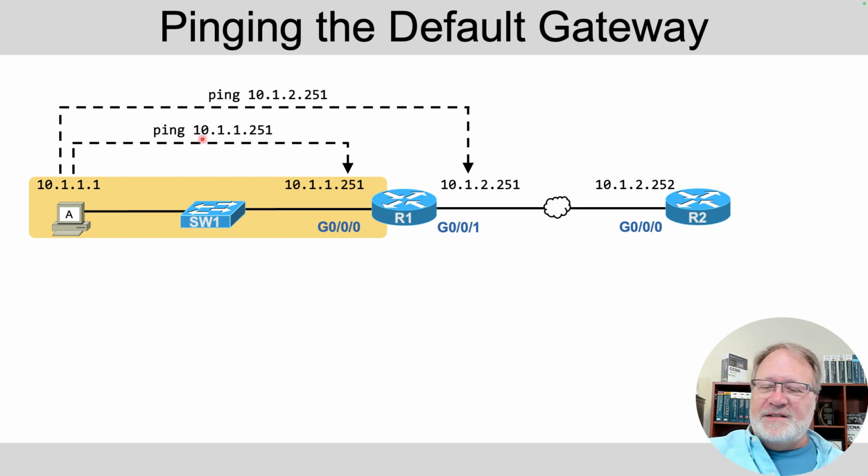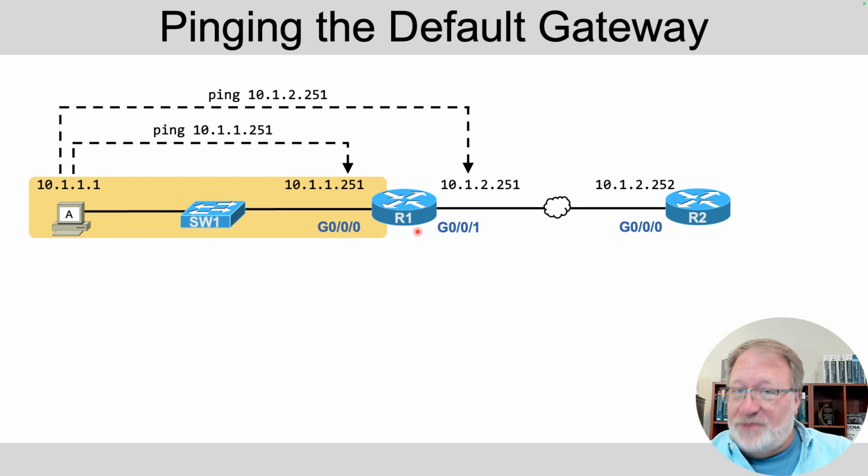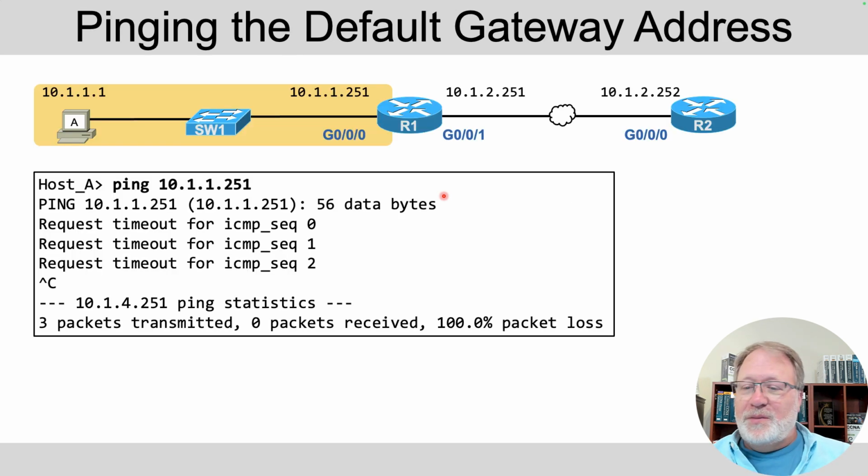You go to host A and say ping 10.1.1.251 in this case, which is R1's IP address in the same subnet, which presumably should be host A's default gateway setting, right? That's the one it should reference. But you could also ping the WAN interface IP address as well, and you're testing different things, which is the point. In fact, I would suggest these are two great next steps after that first failed ping.